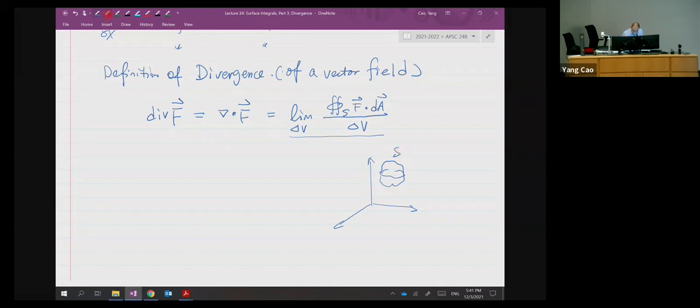The volume enclosed by S is given by this delta V. And the limit is to let the delta V go to 0.